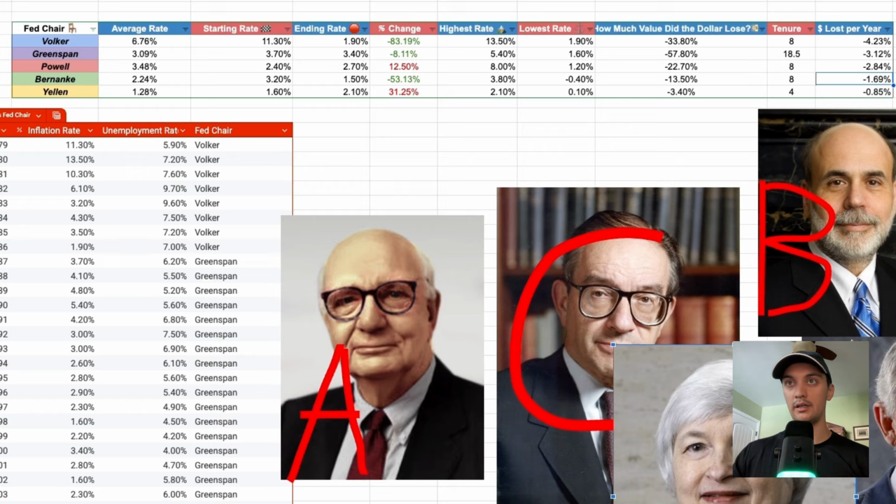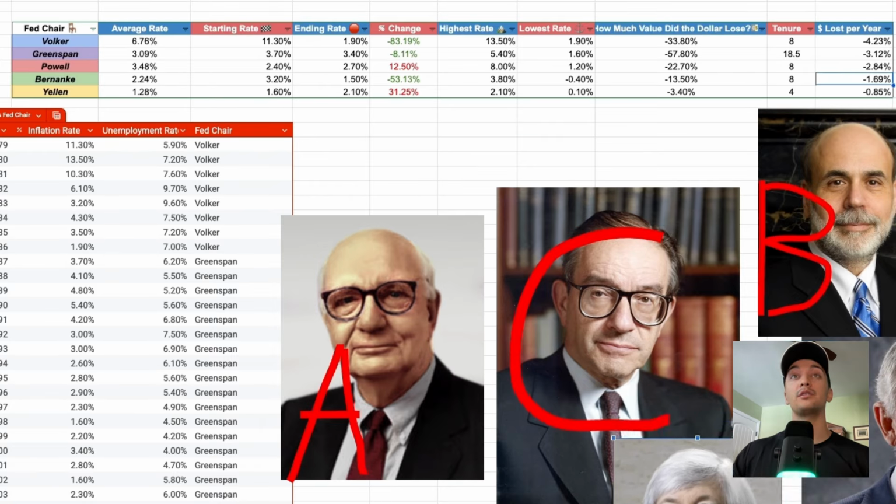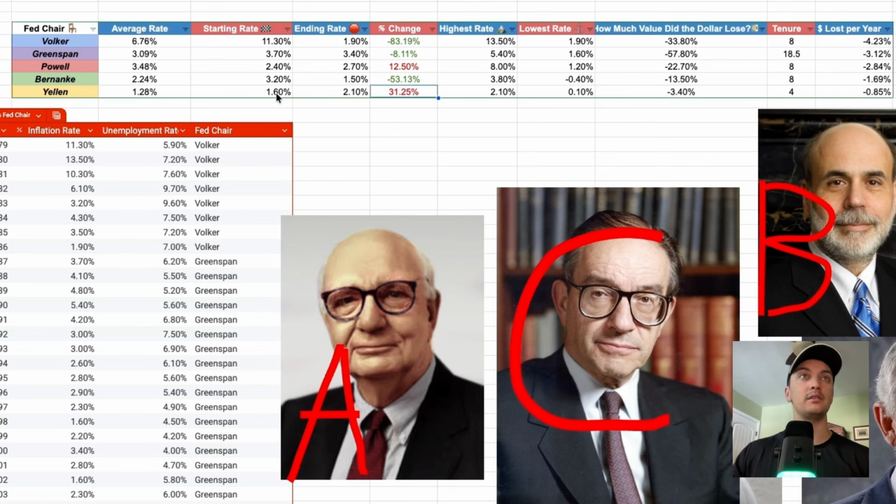Next up, Janet Yellen, the shortest tenured one, just 4 years on the job. Didn't have a lot of time to screw things up. Didn't lose that much, had the best starting point, but it actually ended higher for her. It ended up 31%. So that's not good because it ended higher.